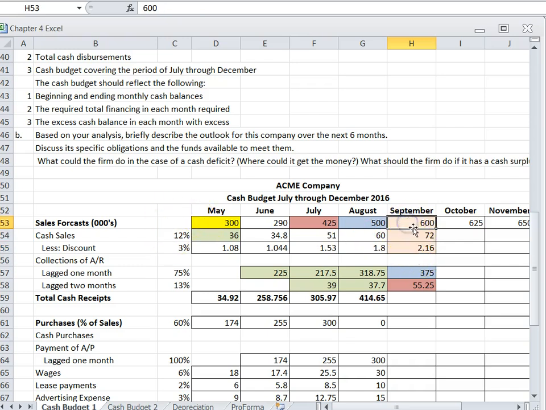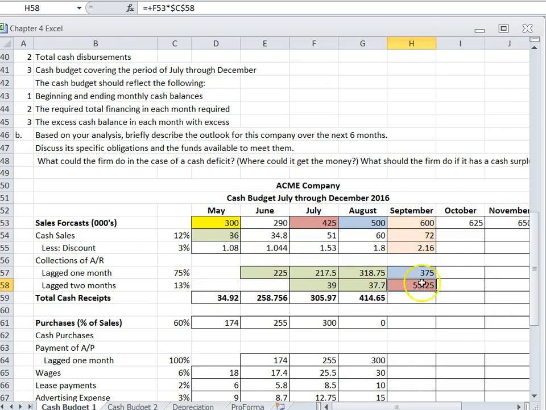So here are the percentages. The color of the box is where I'm pulling the sales to multiply by the percentage. So if it's pink here, 12% from the 600 and 3% is actually from the 72. This is the discount. Now, blue here, I'm collecting 75% from August sales, and in this red here, I'm collecting 13% from July sales.